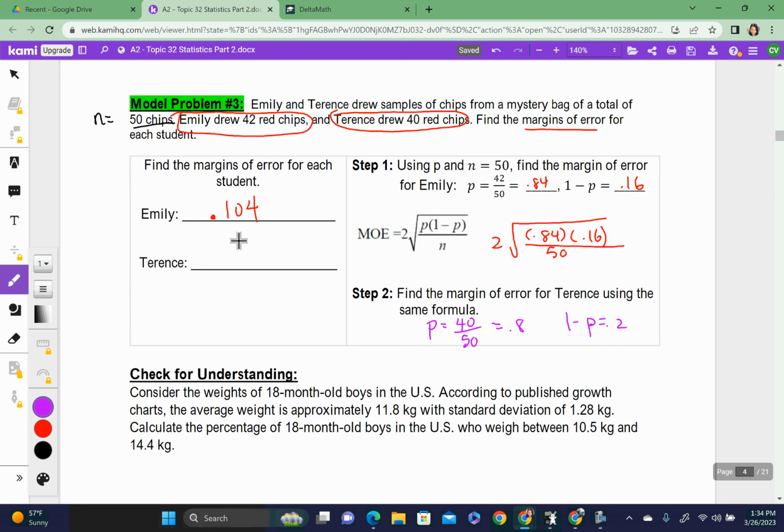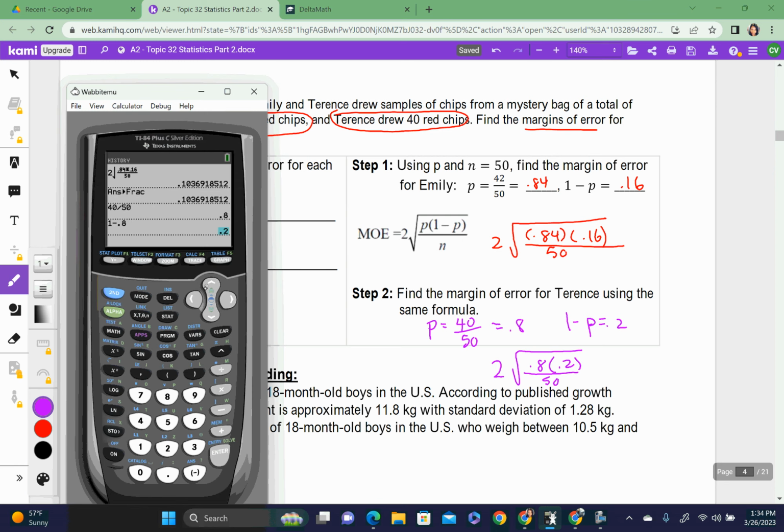So now I have these two values, and the last one that I need is my N. My N is 50, so I'm going to plug it into my formula. So 2 radical, right? On the top, I'm going to have 0.8 times 0.2, and on the bottom, I'm going to have 50. Instead of typing everything over again, let me see if I could just use this right here. Work smart, not hard.